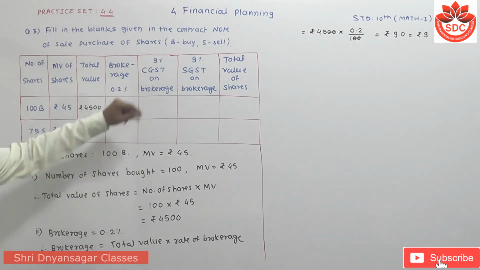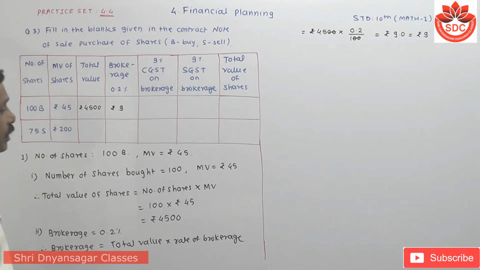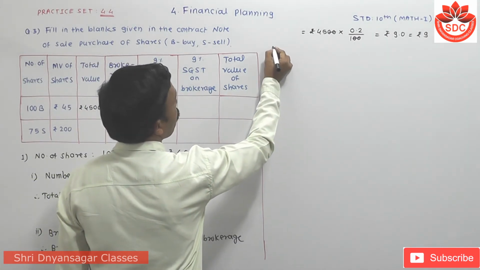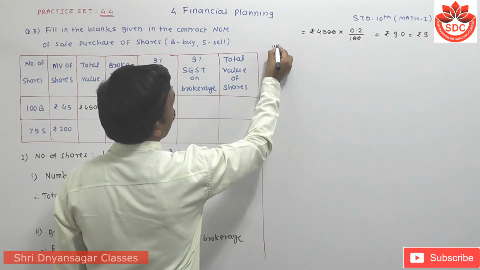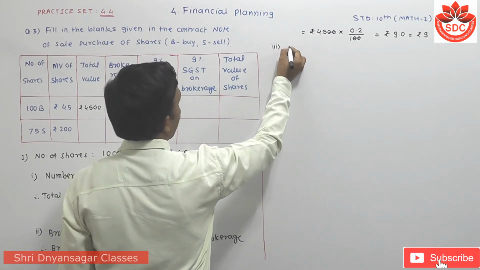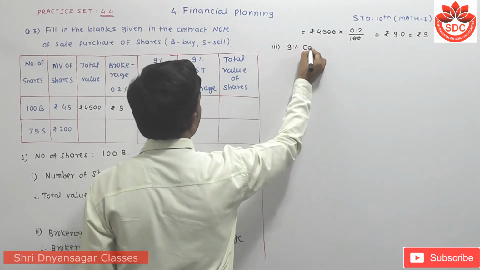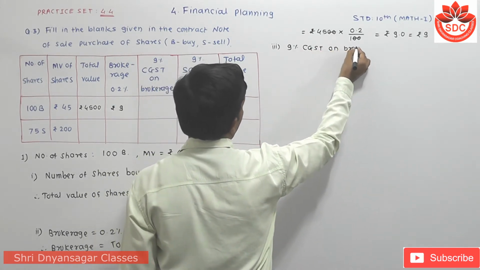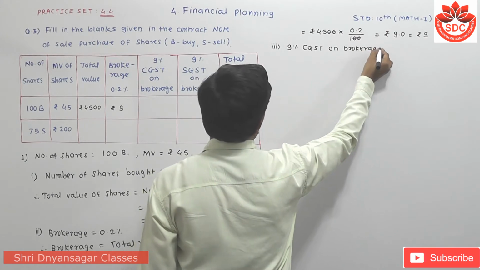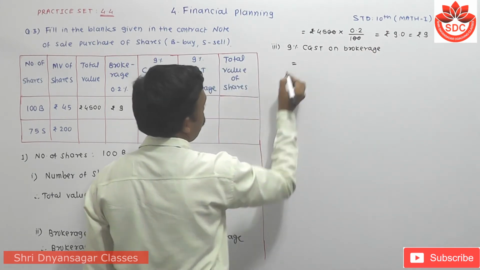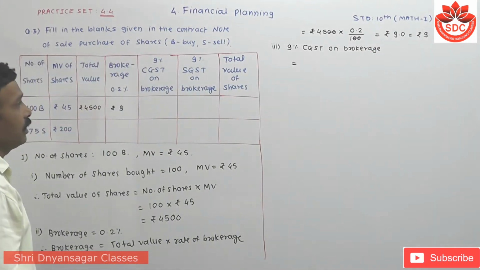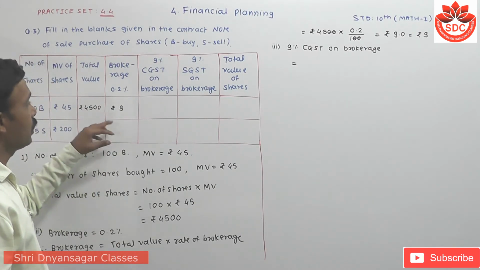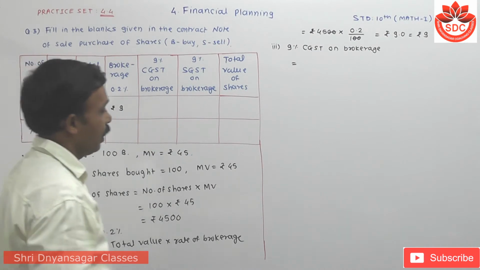Then we have to find 9% CGST. Third point, CGST on this brokerage. Here I will write 9% CGST on brokerage is equal to. You have to find this CGST such that it is 9% on this brokerage, which is 9 rupees.